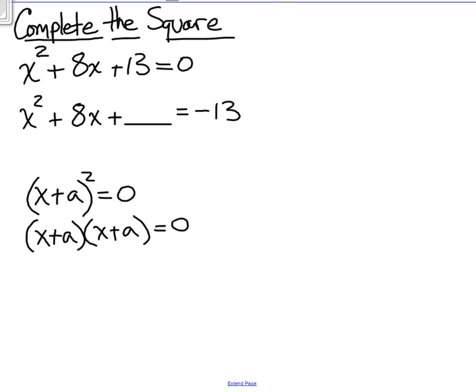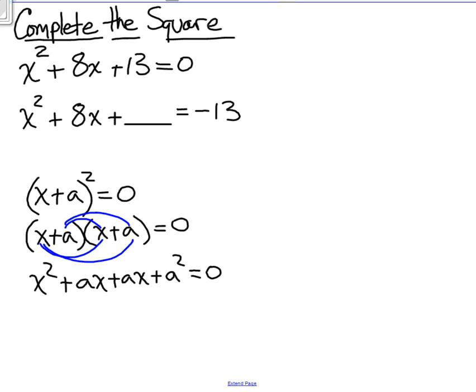But if we use the distributive property, more popularly known as the FOIL method, in which we multiply first, outer, inner, last factors, then we have x squared plus ax plus ax plus a squared equals 0. Here you'll see we have x squared plus two of those ax terms plus a squared equals 0.